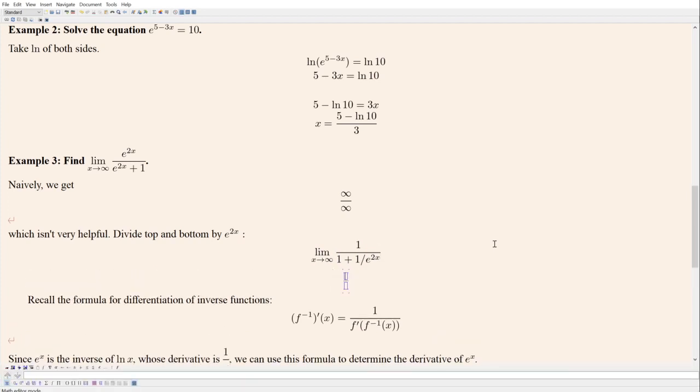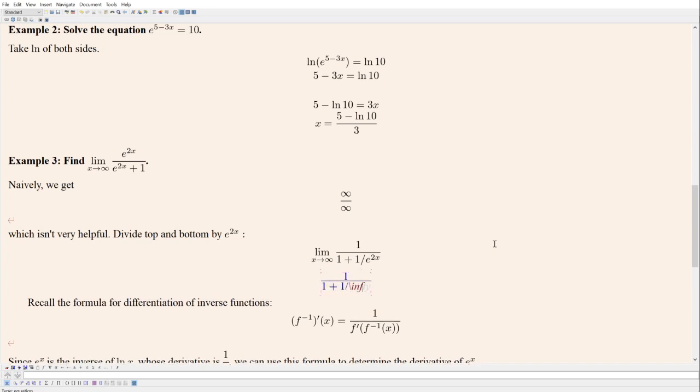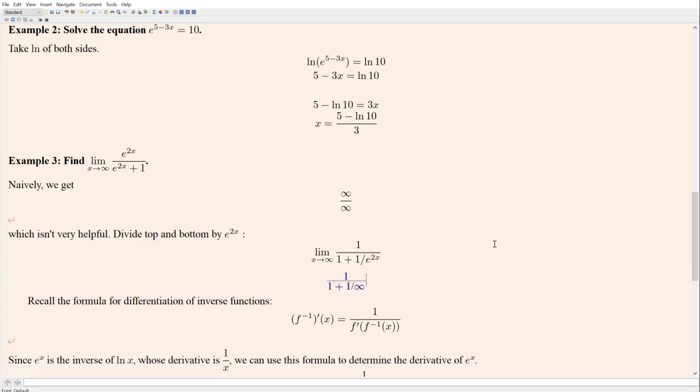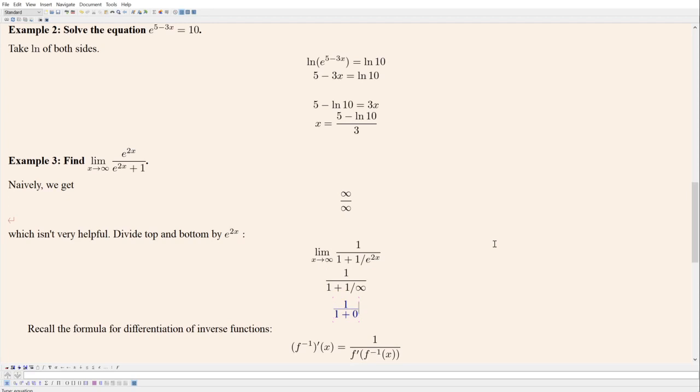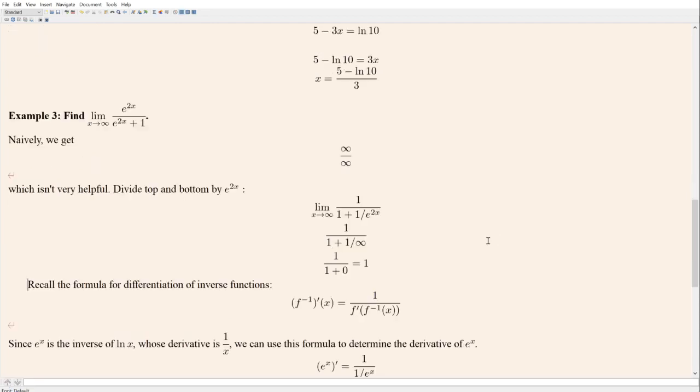So this is the same as 1 over 1 plus 1 over infinity, which is 0. So 1 over 1 plus 0 is just 1. So there we go. That's all there is to that.